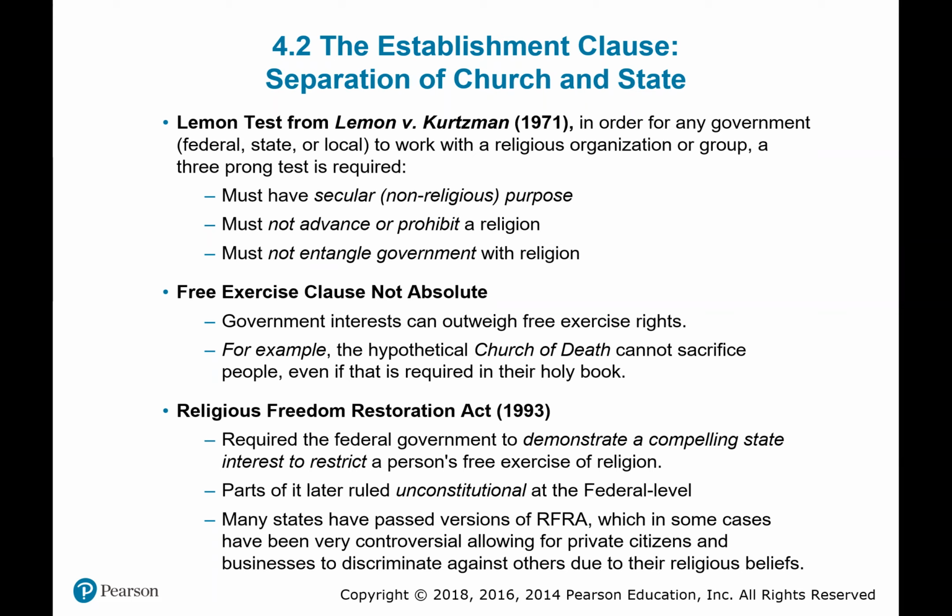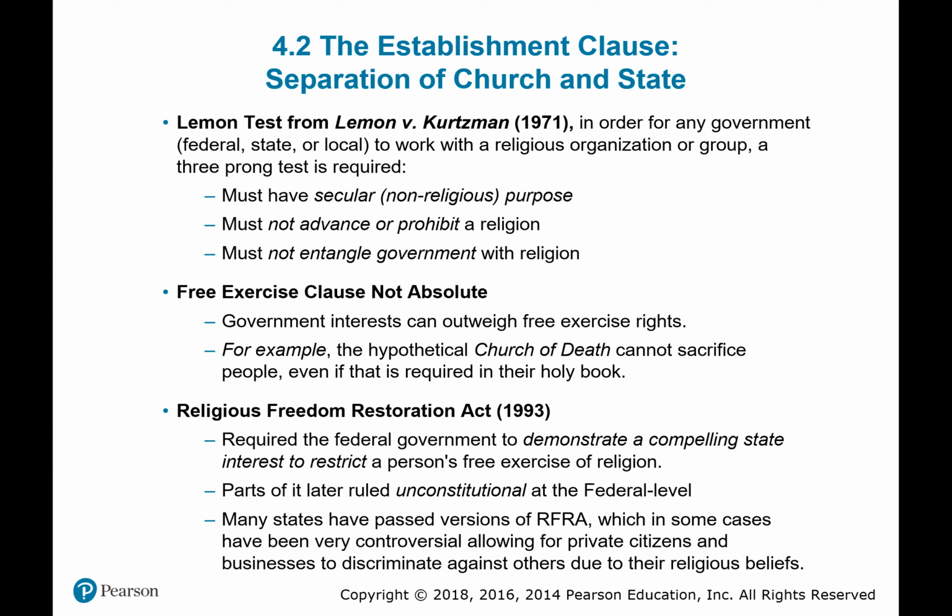And the case that provides the test for this was in 1971. And it says, in order for any government that's federal, state, or local to work with a religious organization or group, a three-pronged test is required. So there's three things that have to be required. First, must have a secular, non-religious purpose. So we see that if it's education with schools, generally that's a secular purpose, meaning to educate the child. Now that's a bit of a gray area.